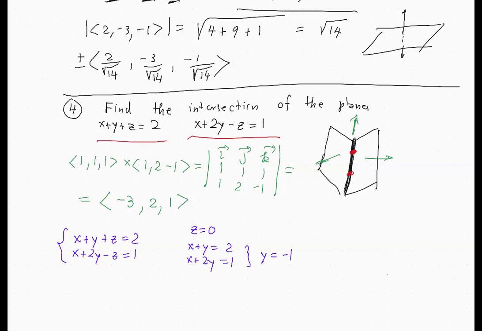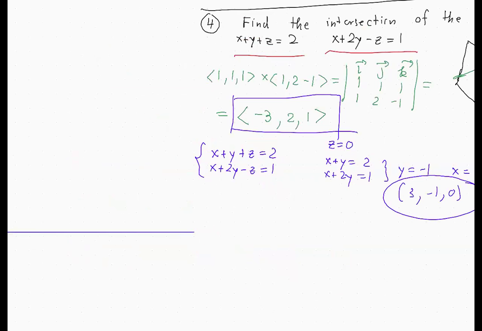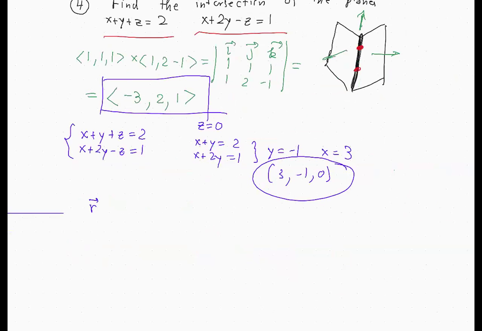I think we're done here because we have a point that belongs to the line, meaning the intersection of the 2 planes. We have a vector, and all we need to do is write down a vector equation for the line that goes through the point 3, negative 1, 0. So I vectorize this point. You won't find this word in a dictionary.